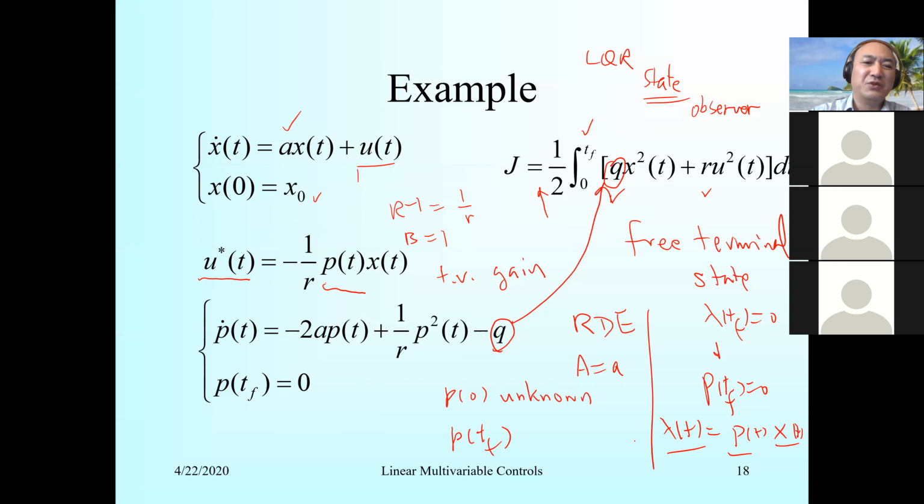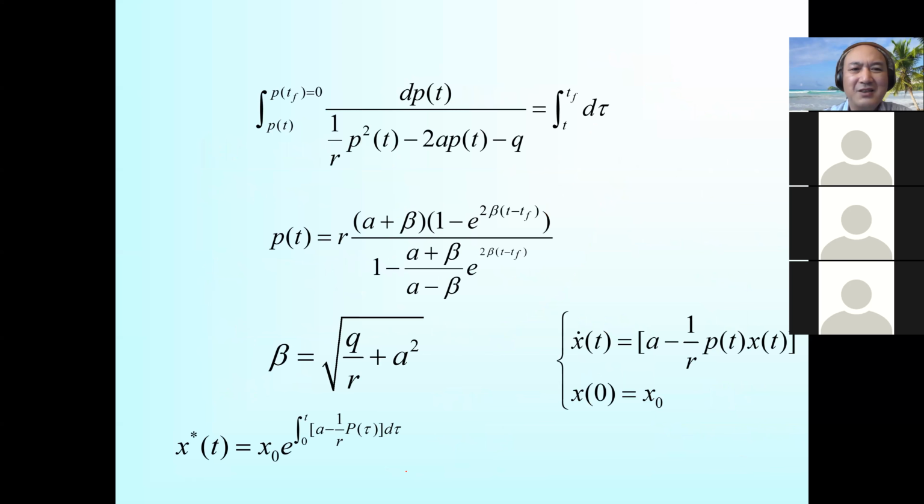So you can see you have an ODE. You don't know the initial point. You only know the final point. How can you solve it? So let's do it. What we did is dP(t)/dt, so it's d/dt of this bracket.